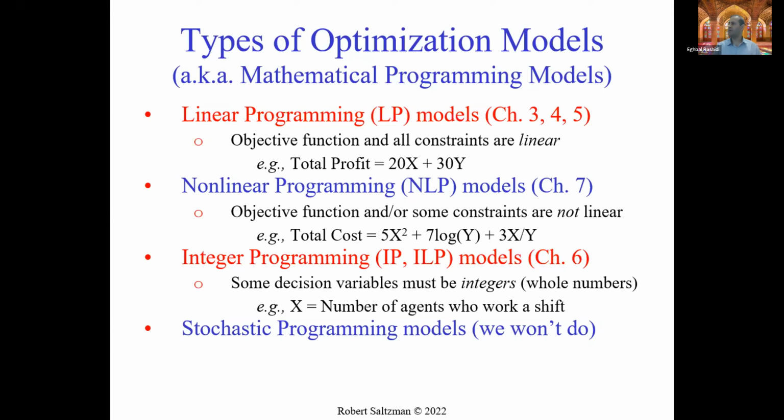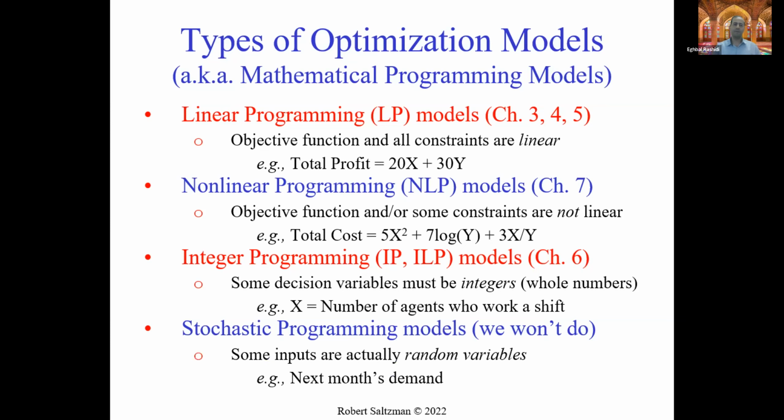We are dealing with random variables, and that makes your model stochastic. So you could have stochastic programming which is integer, stochastic programming which is nonlinear, or stochastic programming which is linear. You could actually have a nonlinear programming model which has integer values too. The different combinations of these make different models.